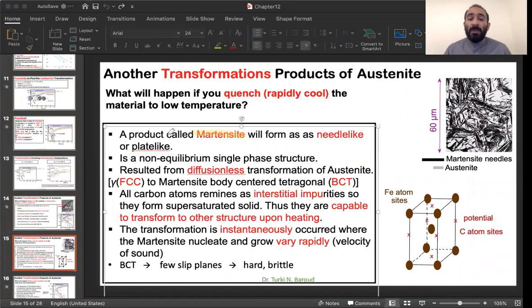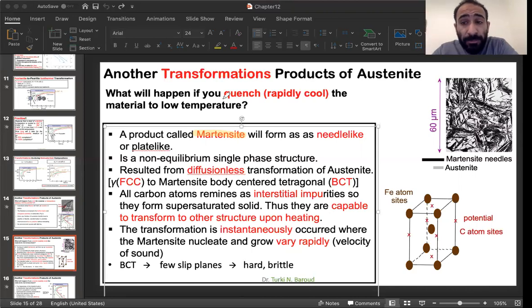Okay, so a product called martensite will form as needle-like or plate-like structures if you quench or rapidly cool the material to a lower temperature. Remember, pearlite has two phases. It has alpha and iron carbide. Bainite has two phases, alpha and iron carbide.